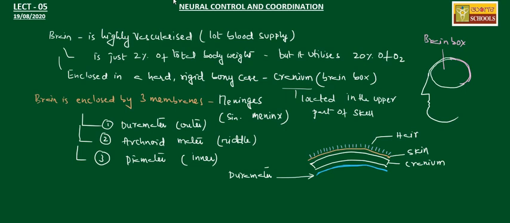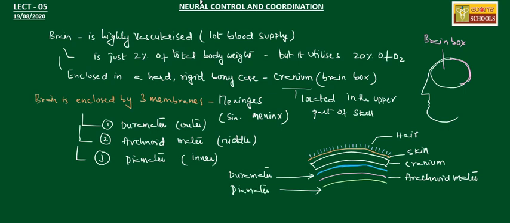and below the dura mater we have another membrane that's called the arachnoid mater, and one more we have below the arachnoid mater is the pia mater. So this is the innermost meninx, pia mater.